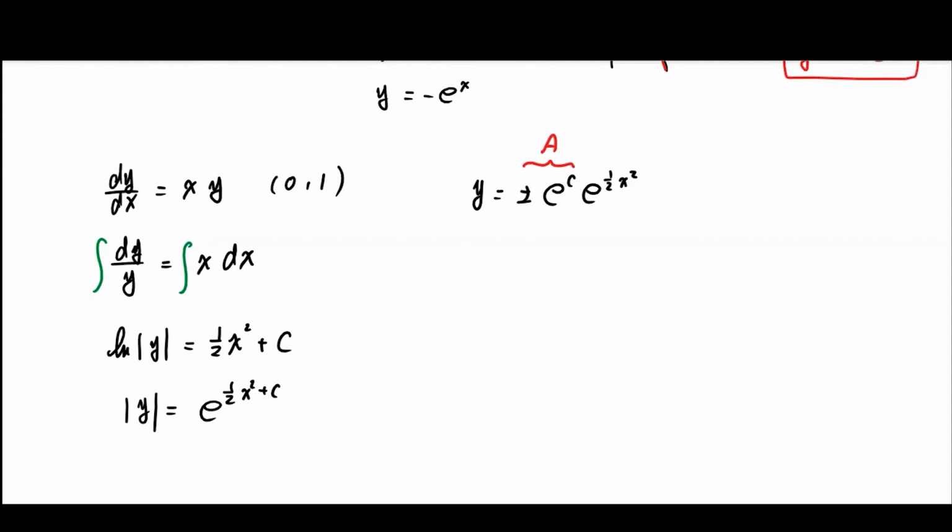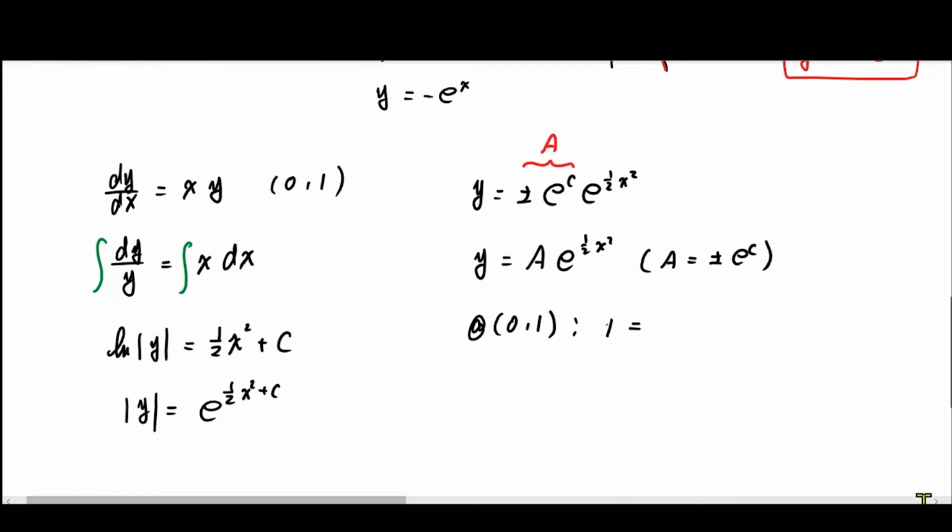So now my y is equal to a e to the 1/2 x squared, and my a here is plus or minus e to the c. Okay, then initial condition (0, 1) this time. So y becomes 1 and x is 0, so that makes this whole exponential thingy 1. So we have a is equal to 1. How nice, right? So therefore, y is equal to e to the x squared over 2. Aren't they beautiful?